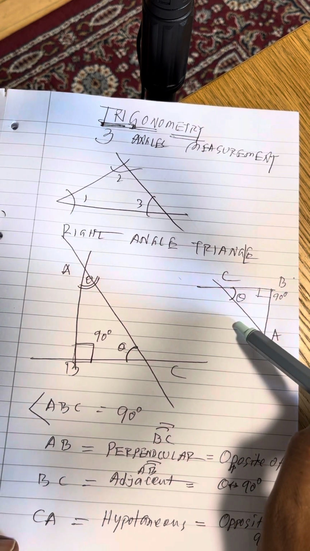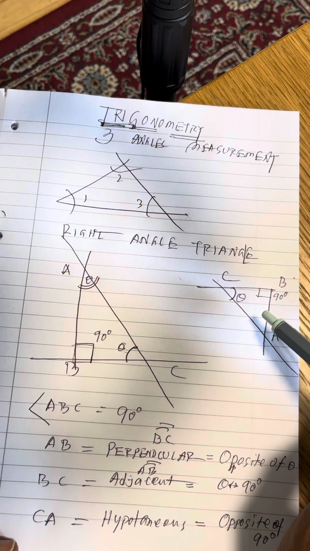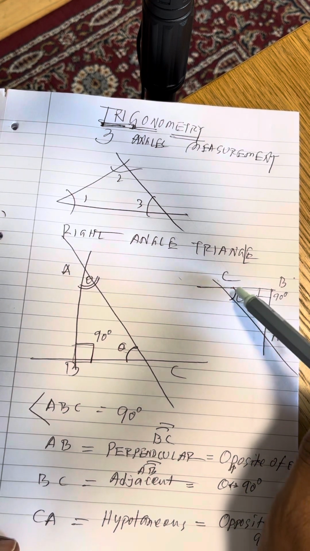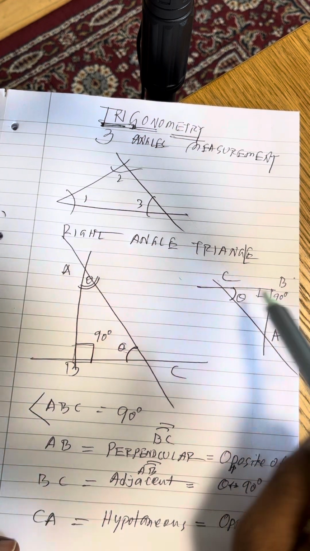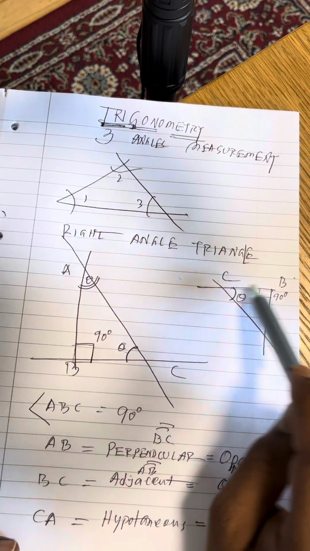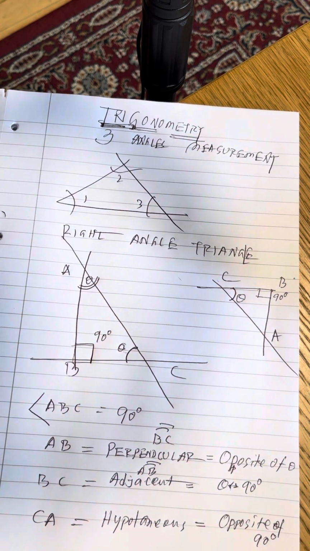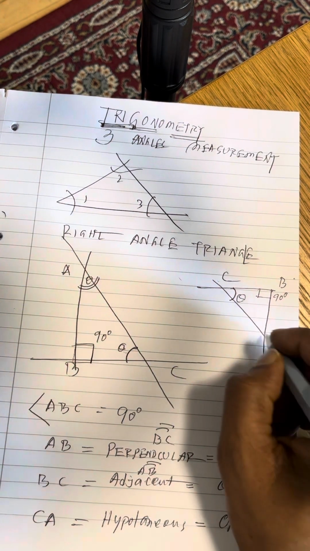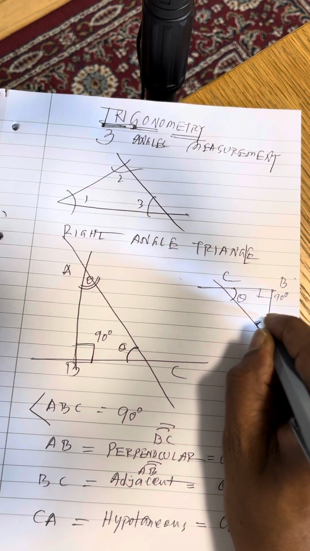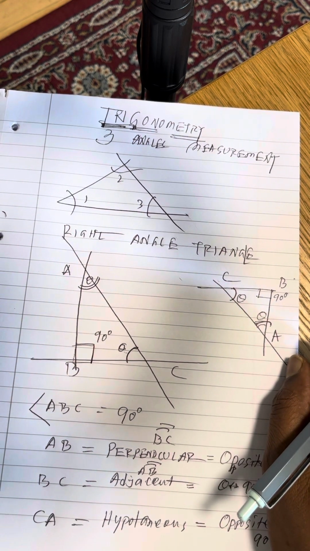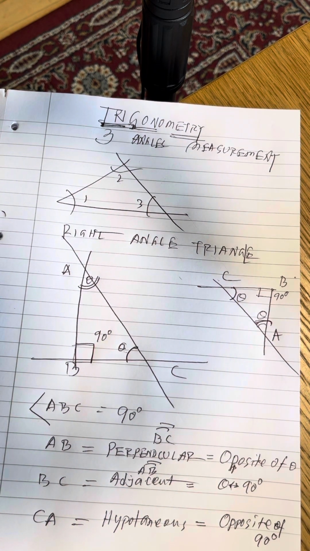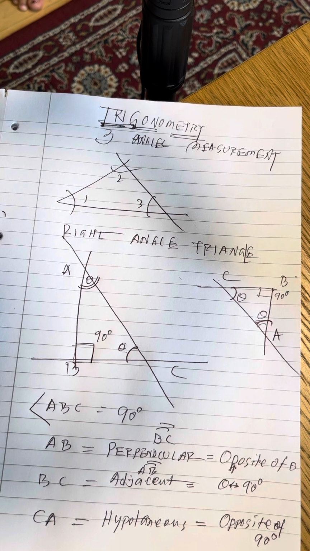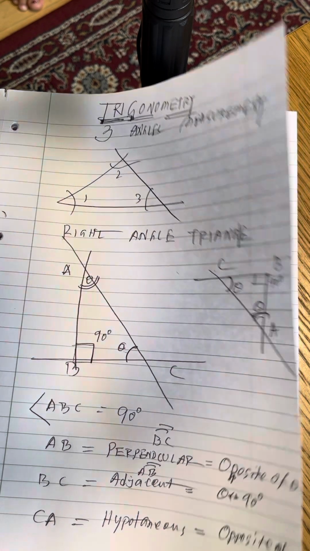The opposite of theta is the perpendicular, and the connecting line between theta and 90 degree is the base. So if you put the angle here, the definition will change. This is the basic understanding of a right angle triangle, and it's very, very important.